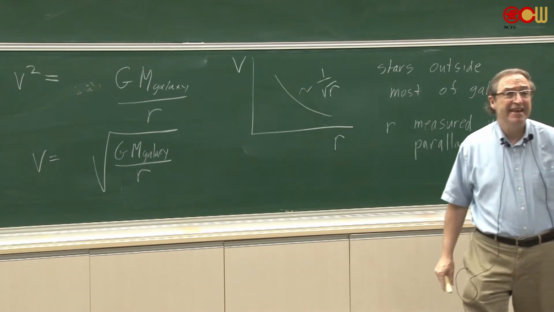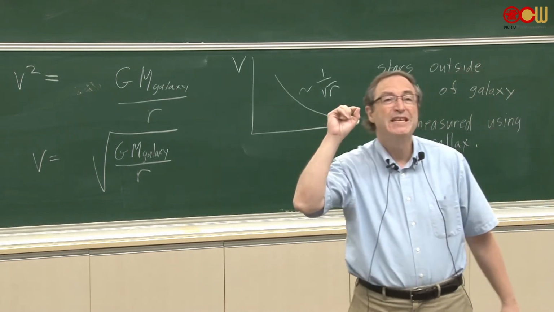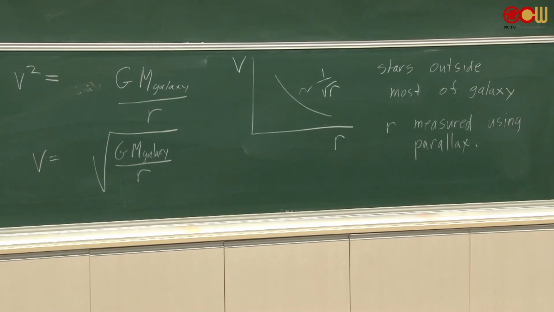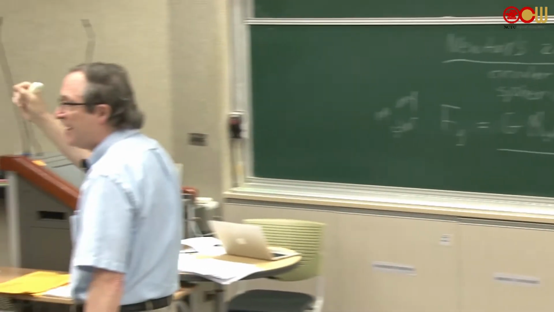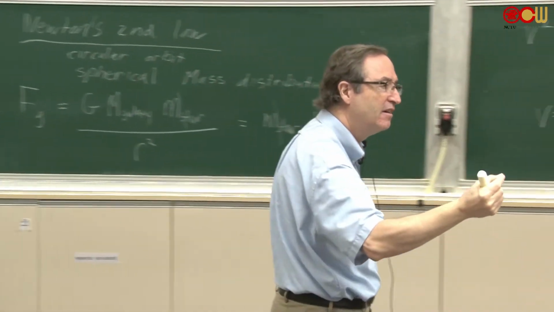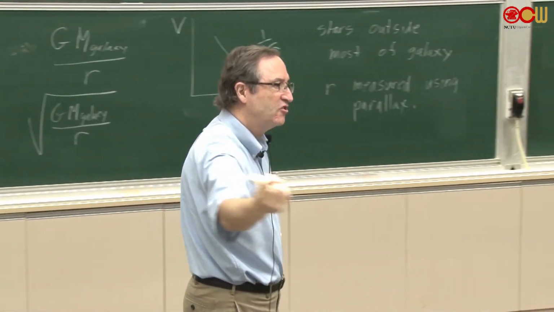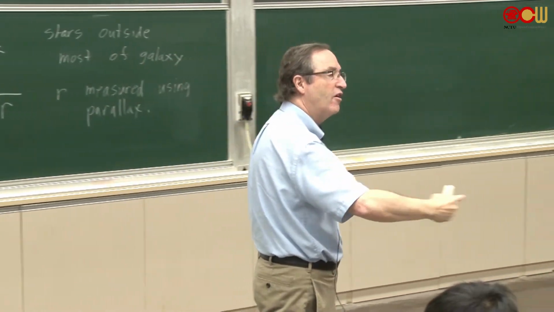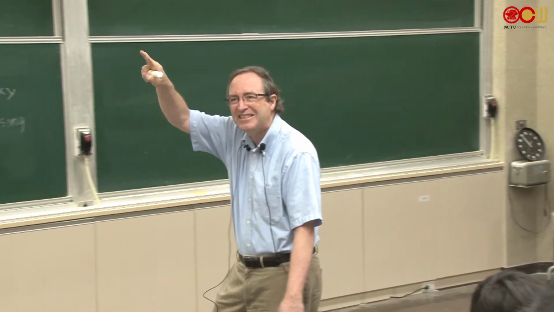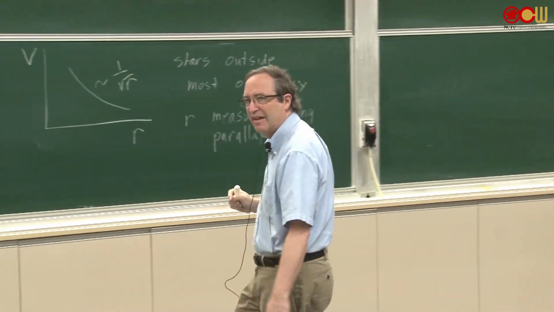But the basic idea is you look at the position of the star, let's say, on January 1st, and then you look at it 6 months later, when the Earth has gone around the sun, and the position of the star will be slightly different in the sky.